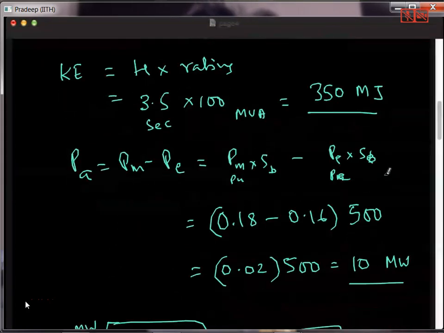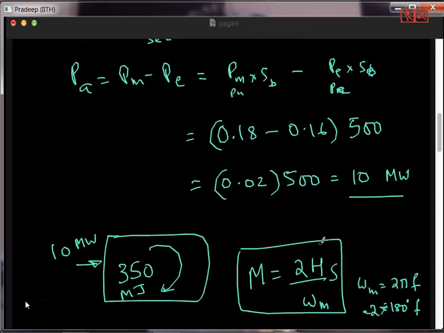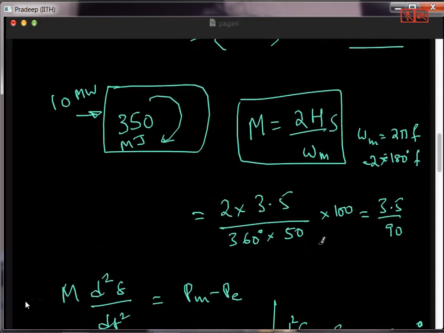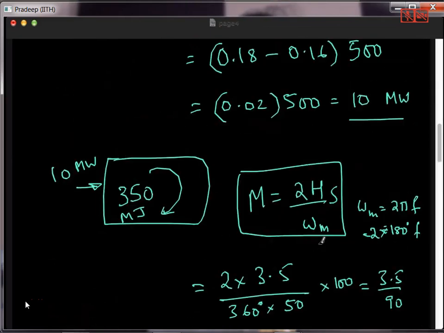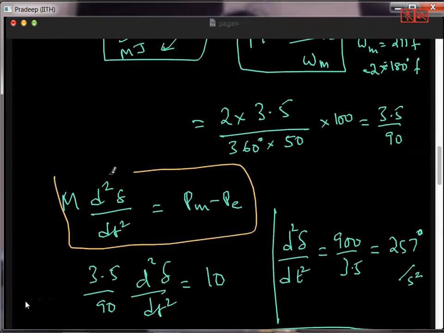Then another part of the question was, what if there is a step change in the mechanical input? If you look at this equation, if mechanical input is more than the electrical input, then this will become positive.